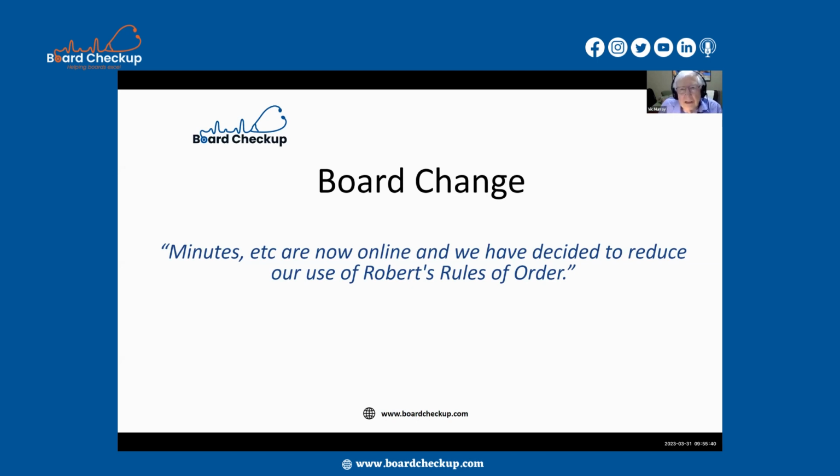Some organizations, like this one where this comment came from, get obsessed with them, and the chair will end up saying, well, you're out of order, you can't do that. They debate Robert's Rules of Order. They are only really important in crisis times.